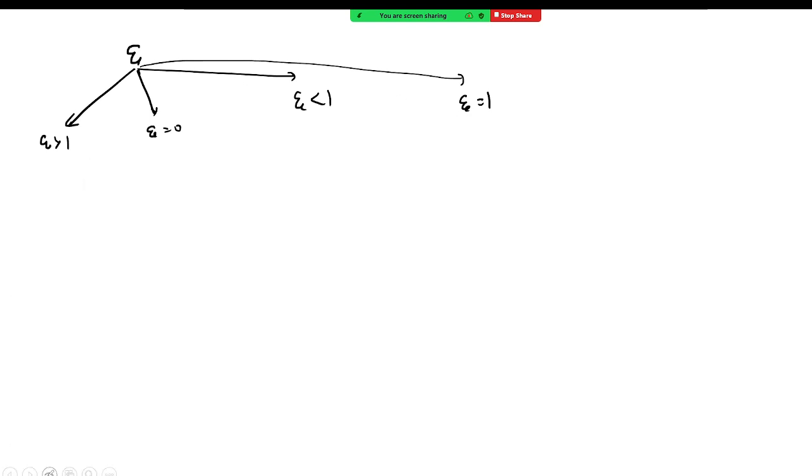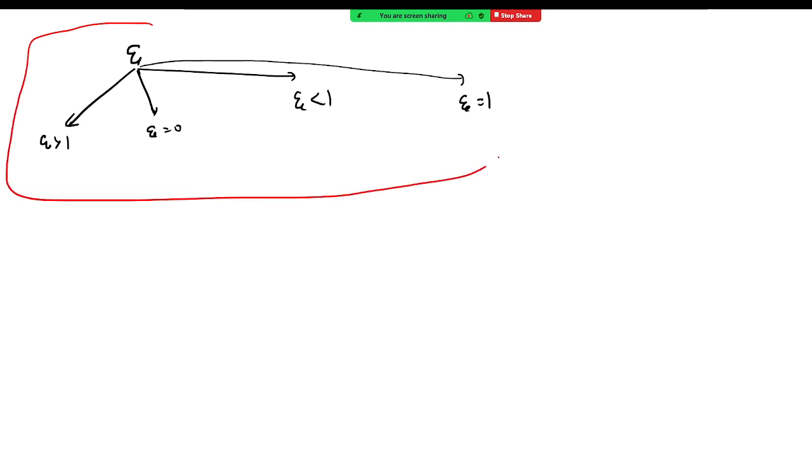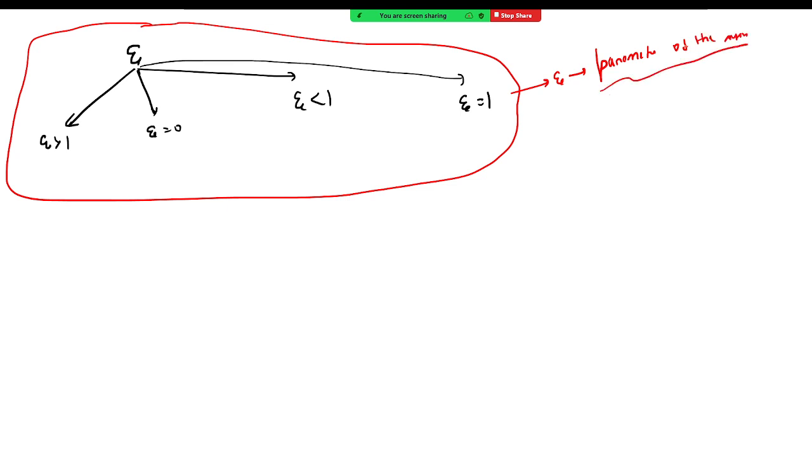So there are four values of zeta categorized in these four parts. Since zeta is a parameter of the system, zeta has been categorized in four particular domains: greater than 1, less than 1, equal to 1, and 0.